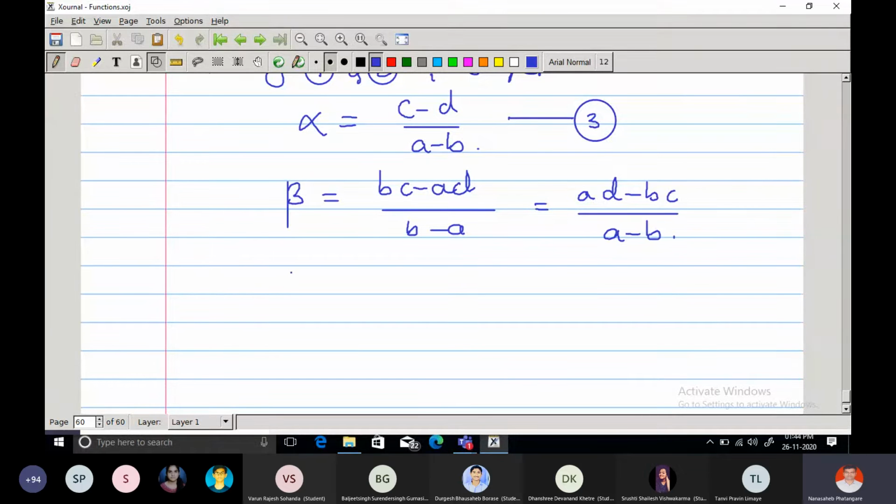And therefore, what is f of x? What is the exact definition of the function? Alpha x plus beta. What is alpha here?